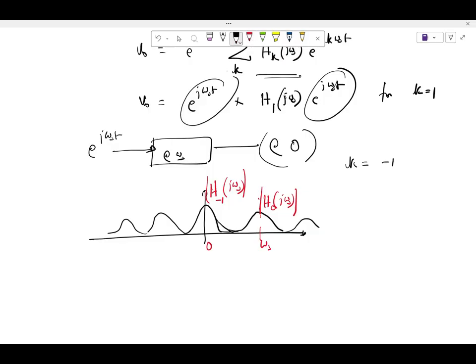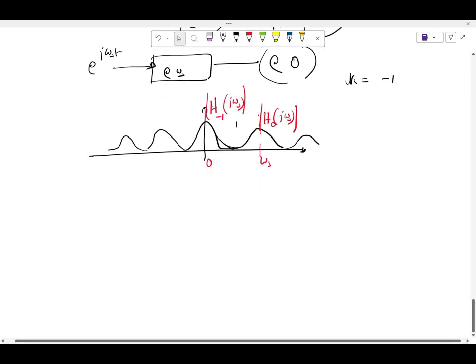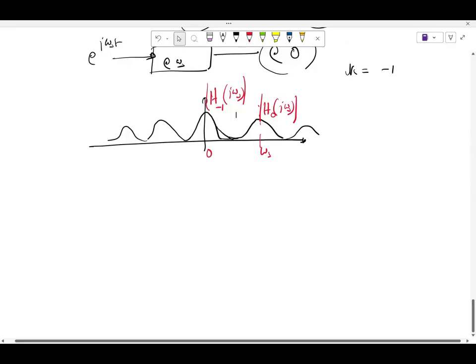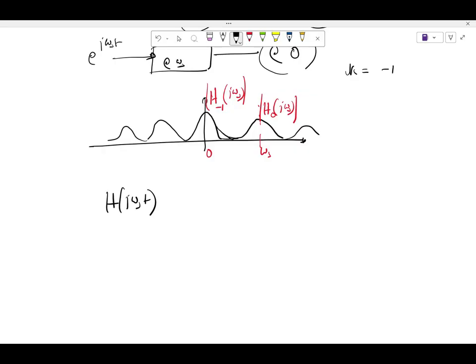So just to tie things together, there is a way of expressing the expression that I had written. So h j omega t, right? This is for any LPTV, not necessarily RC.